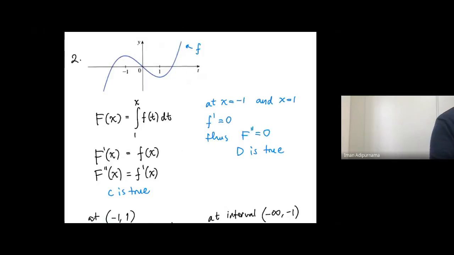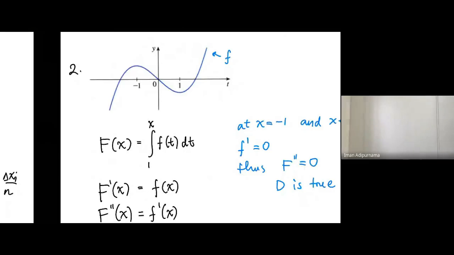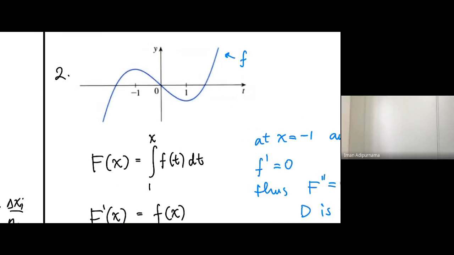Okay, number two, this is quite tricky. The graph is the small f, and we have the big F, which is the integration of f(t) dt from 1 to x.